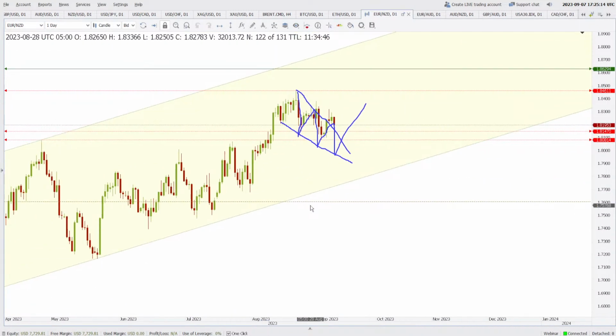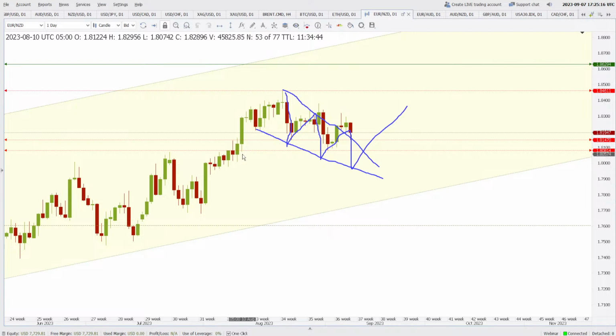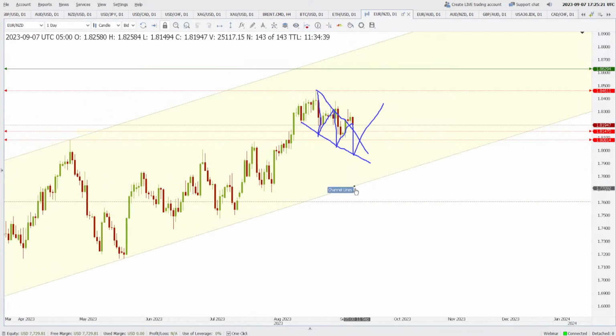The price after making the highest high has started a down move. All right, on the daily it has started a down move, my guys. And 1.8081 is the area where I'm expecting a lot of buyers to jump in and push the prices higher.